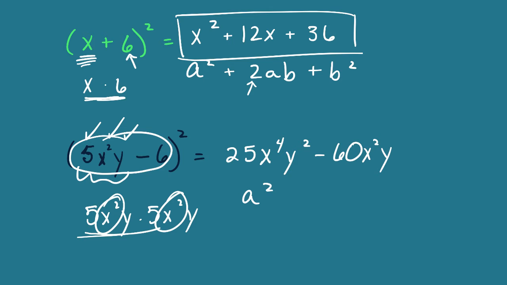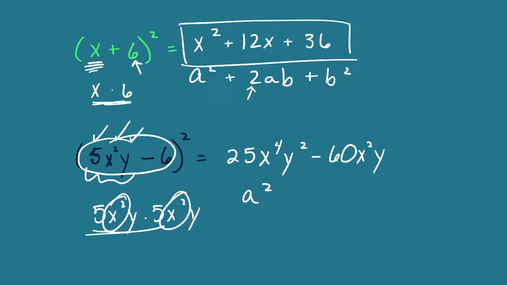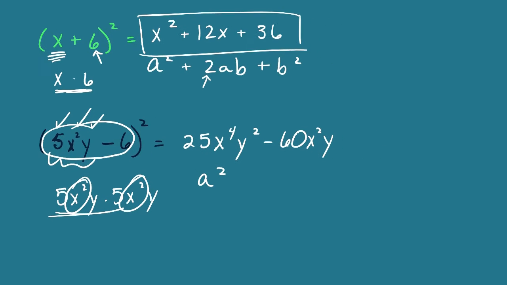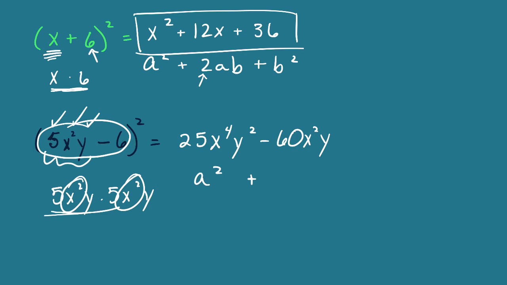That's the full product. 5 times negative 6 with the variables, then you double it. So that's my plus my 2ab. I know it's a minus sign, but it's a minus sign because of that negative 6 there, giving us the negative 30 that we doubled. And then lastly, you just have to take b and square it. Well, b is this negative 6 right here. And negative 6 times negative 6 is 36.